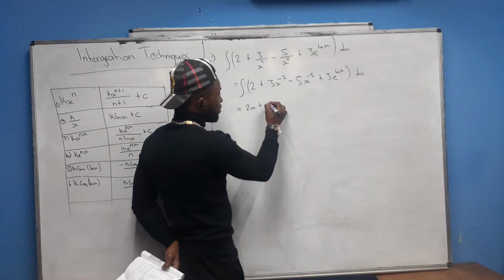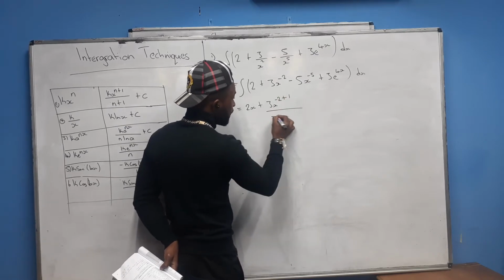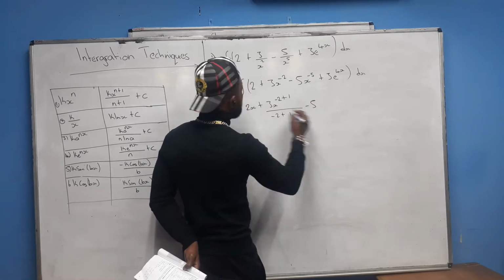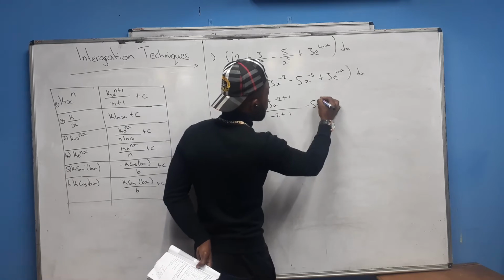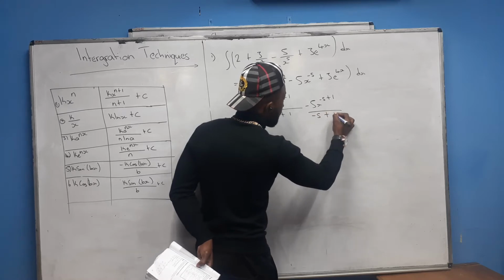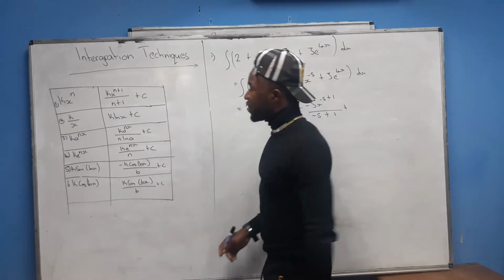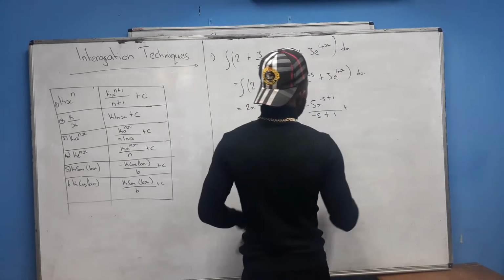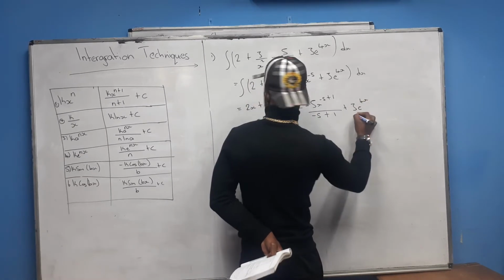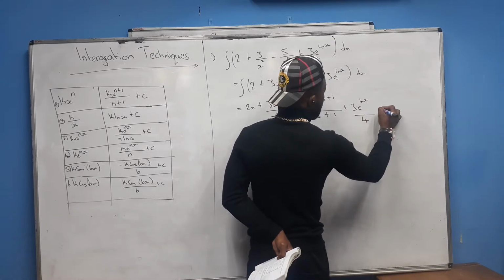So integrating, this is going to be 3x to the power negative 2 plus 1 divided by negative 2 plus 1, minus 5, and I do the same thing here: x to the power negative 5 plus 1 divided by negative 5 plus 1. Then I go to the one which says ke to the power nx, so it's going to be 3e to the power 4x divided by my n, which is 4.